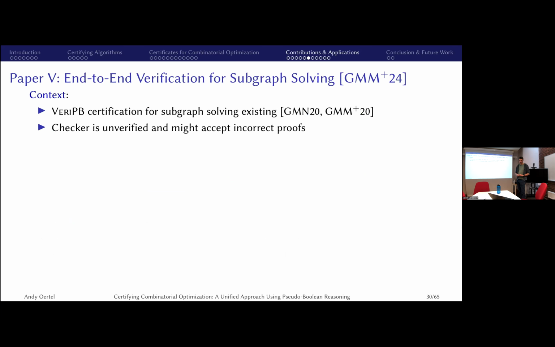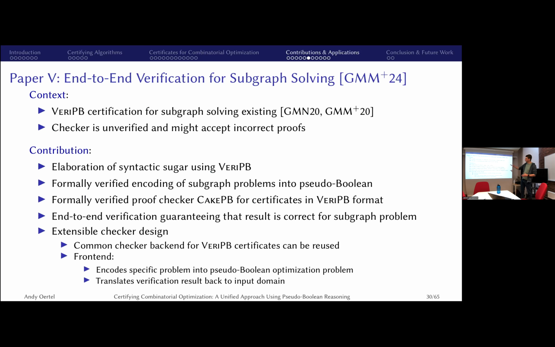And so in paper 5, this was the first time we used this. There was already certification for subgraph solving, and the checker there was unverified, and it might accept or say that incorrect proofs are correct. In this paper, we added elaboration for the syntactic sugar to our proof checker VeriPB. We formally verified encodings of subgraph problems into pseudo-Boolean problems.